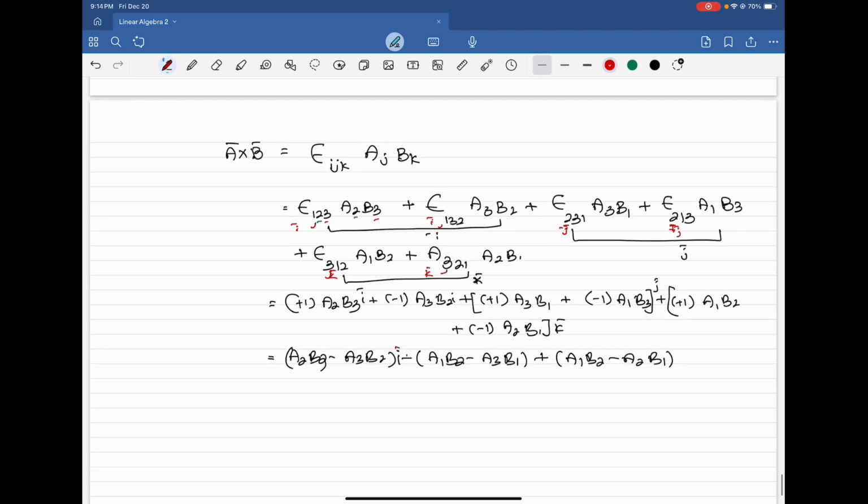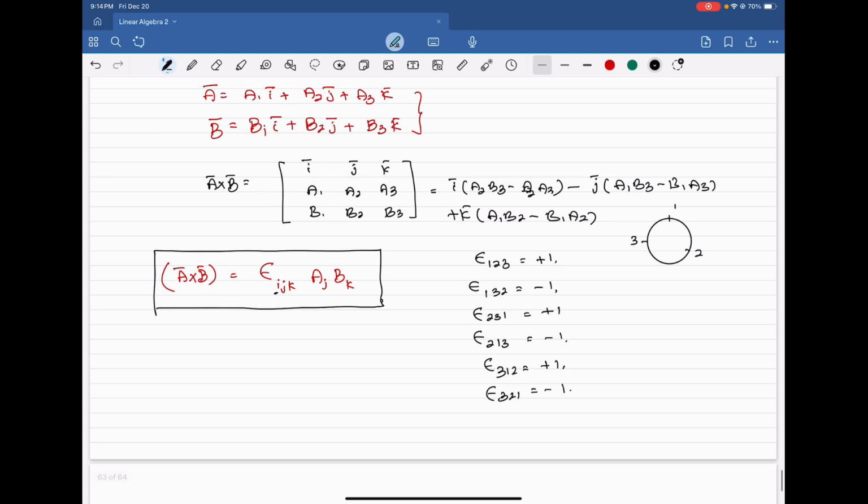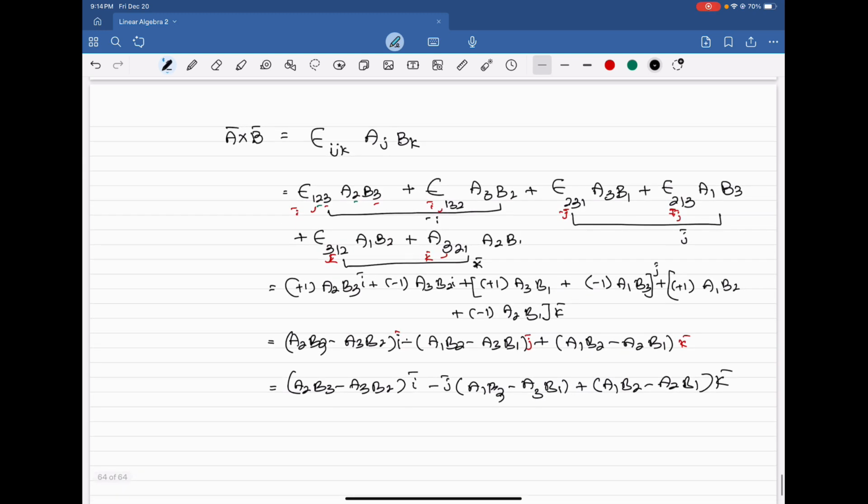Now, what is the final value? A2 B3 into I minus J into A1 B2 minus A1 B2, A2 B3 A3 B2, A3 B1, A1 B3 minus A3 B1 plus A1 B2 minus A2 B1 into K. You just see the value is same, A1 B2 minus B1 A2 into K. This is correct.